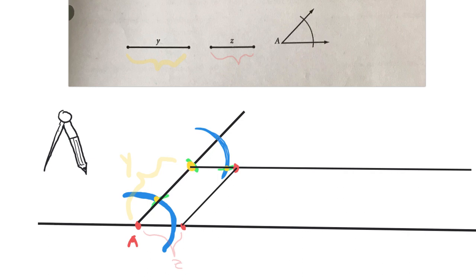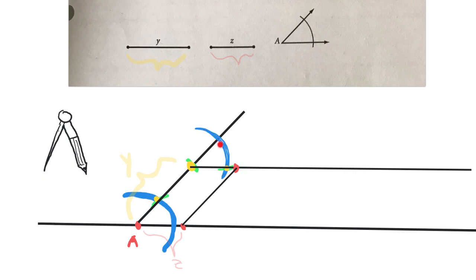Okay. At that point, you can replicate the length of Y. Just place it on this segment. Mark off where it is right there. Okay. And then we had to draw this parallel line here, which is not easy. We have to draw that parallel line, and that's where you would have to replicate this angle up here. So how do we do that? Well, we gauge this distance with our compass. We put the sharp part of the compass here.